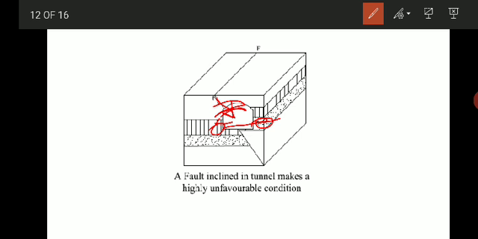Then if you construct a tunnel in unconsolidated or loose soil, the tunneling in unconsolidated or loose sediments again leads to complications because the strength is not there in the rock, it is loose.